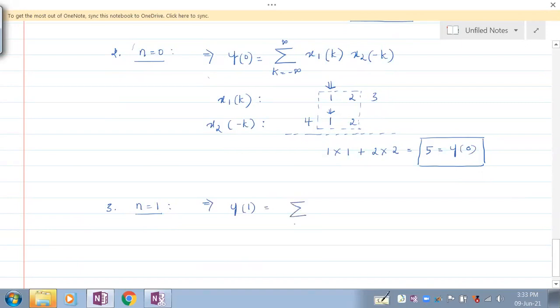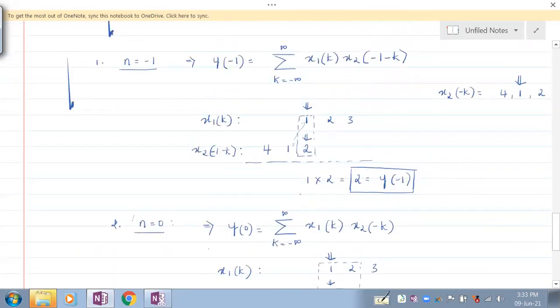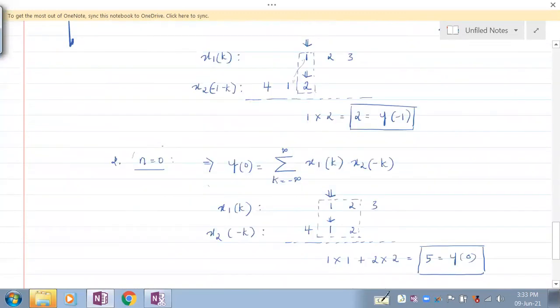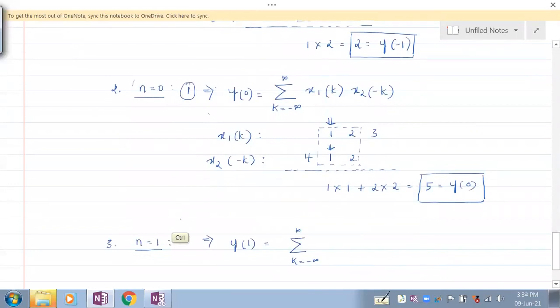So that's summation k ranging from minus infinity to infinity. So if you call this equation number 1, then from equation number 1, we are writing this.